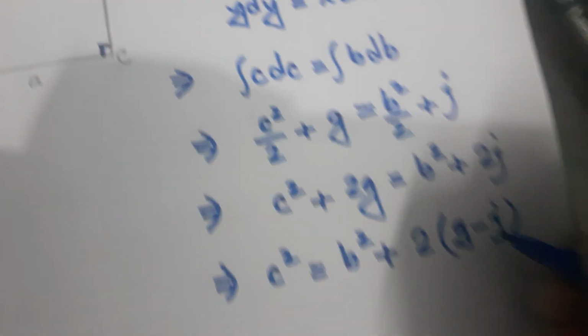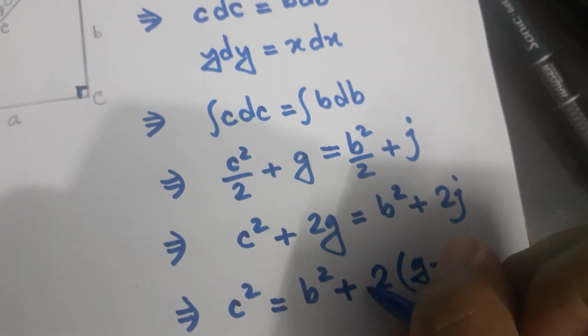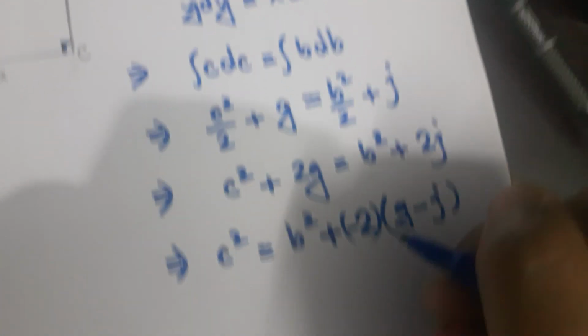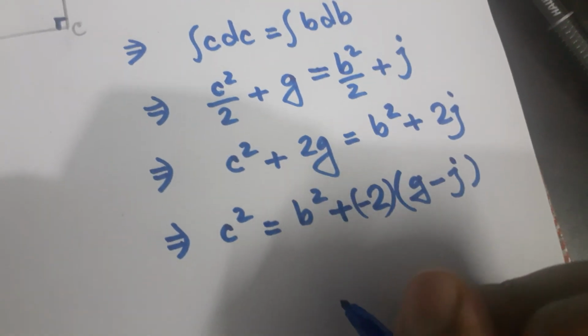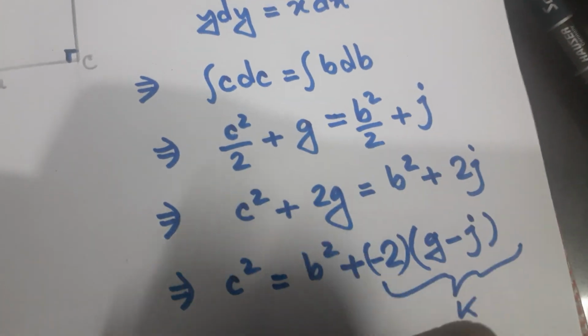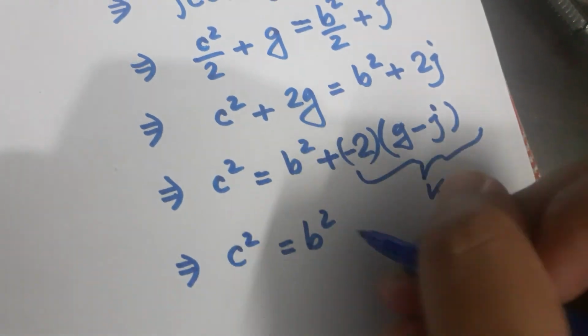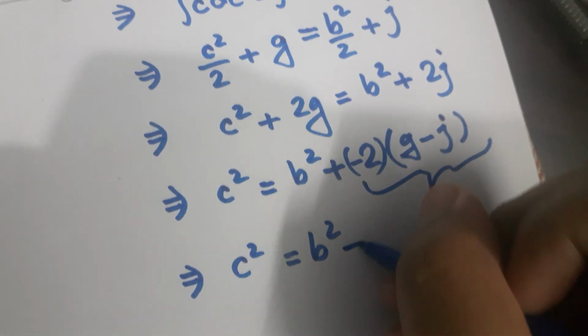Sorry, I made a mistake here, there is a minus 2 here. Okay, there's no mistake now. Another constant, we'll call it k. So we got c square is equal to b square plus k.